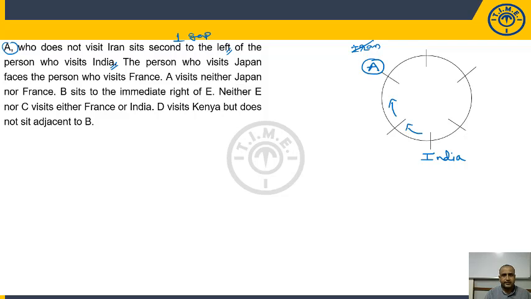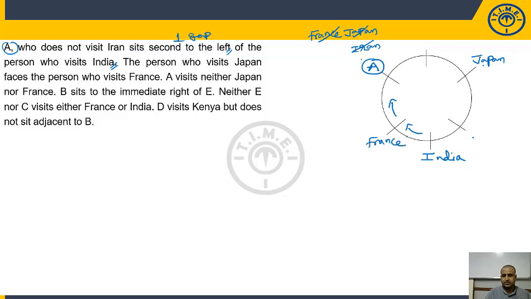The person who visits Japan faces the person who visits France. So Japan and France should be in opposite positions. So it is leading to more possibilities. Let's move further. A visits neither Japan nor France. So here it cannot be Japan, and it cannot be France too. So the only possibility is Japan here and France here, or vice versa.